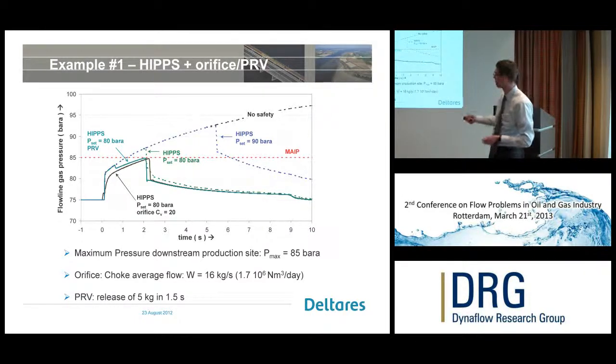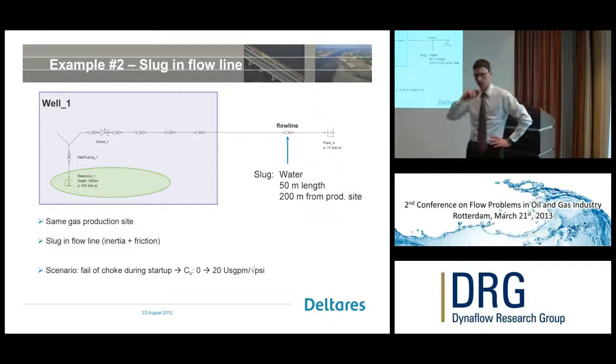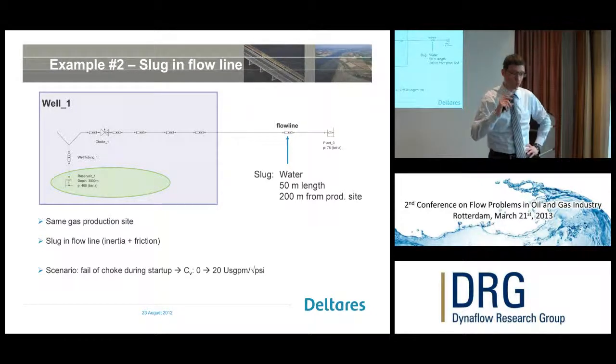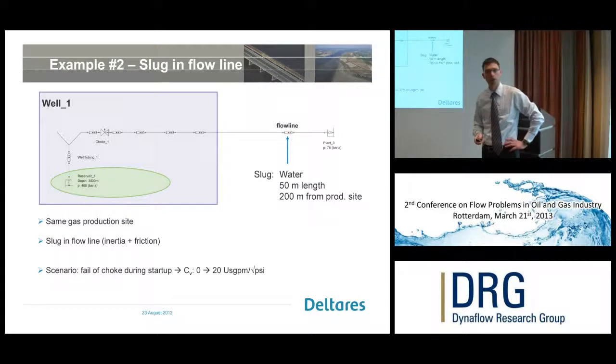But that's not all, because for example, if I'm going to change my model slightly, let's say this flow line is about 2 kilometers long and it goes through a hilly terrain, then there are locations at which you may encounter slugs. For example, if your reservoir is also producing some liquids, then slugs may arise.